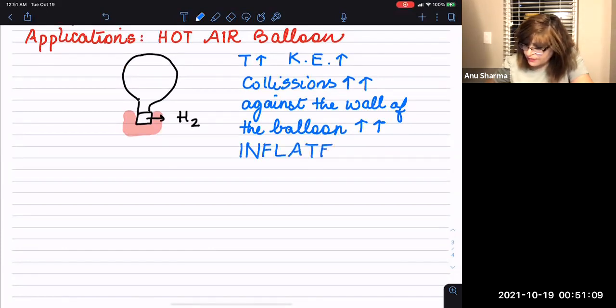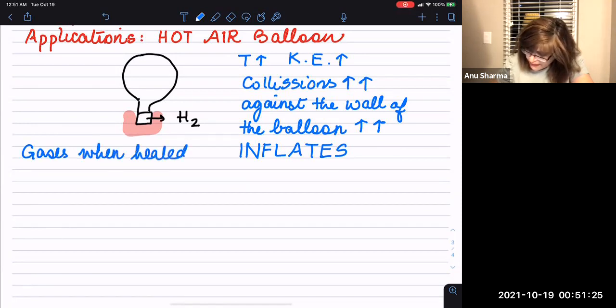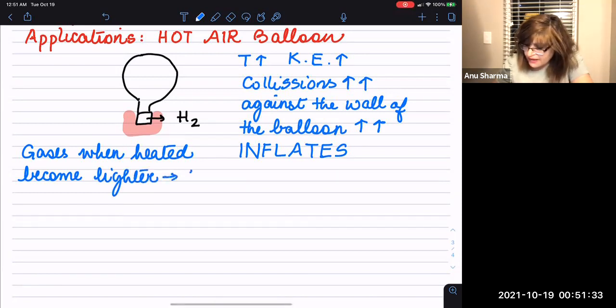Then the density of the gas also decreases. In other words, gases, when heated, become lighter. And when they become lighter, they expand, and then they move up.